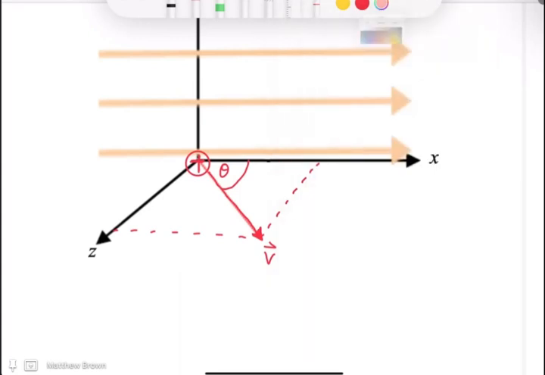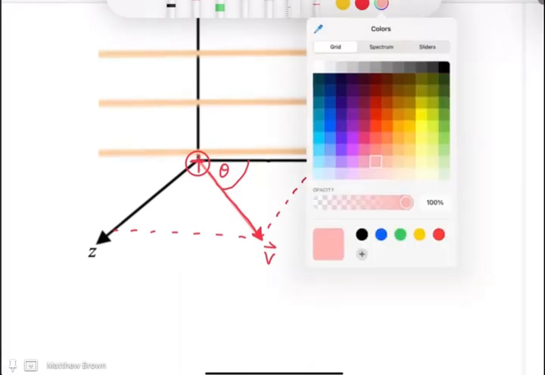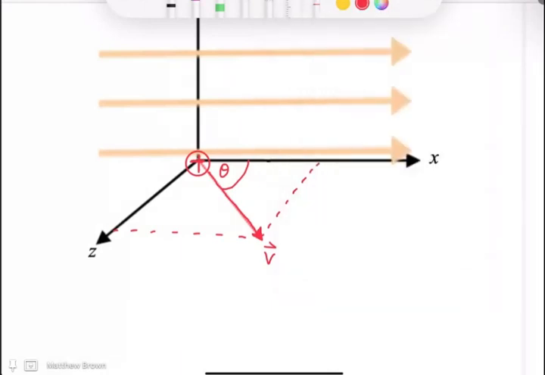Let's just use the red. You could say this is the x component, and then here you've got a y component to the velocity.